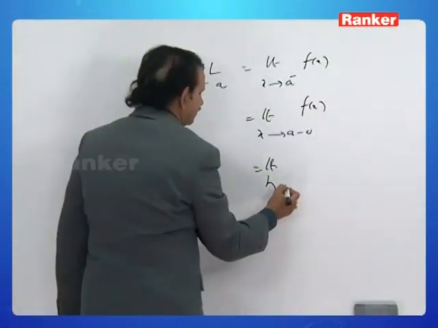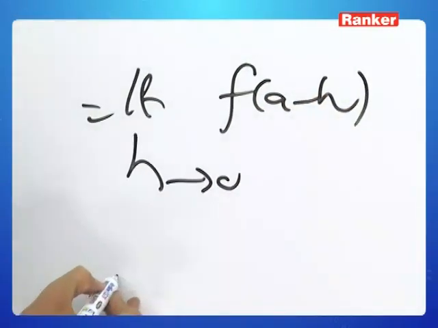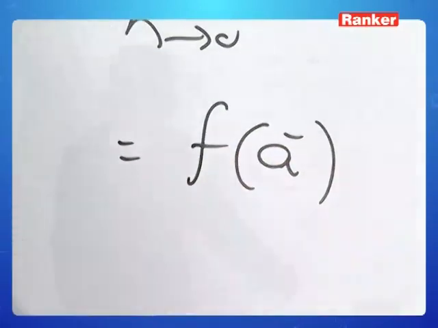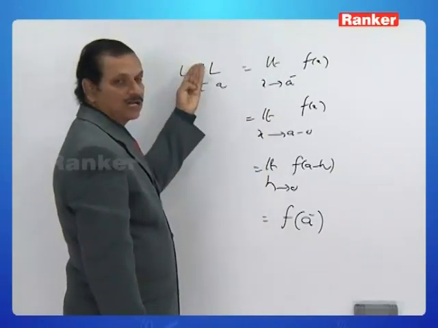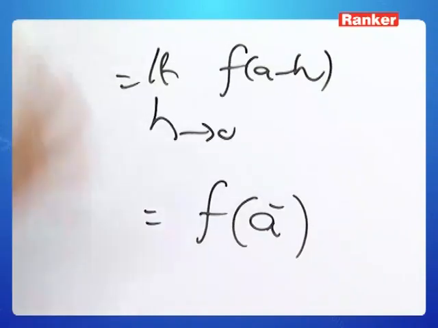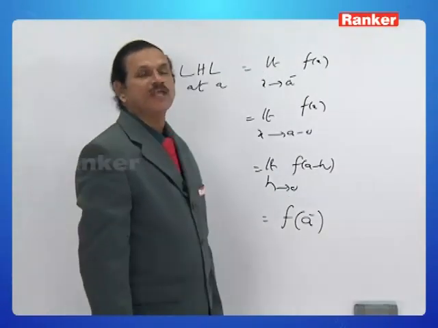Limit as h tends to 0 of f of A minus h. F of A from left. All these are the ways to represent the left hand limit of a function when x tends to A from left.